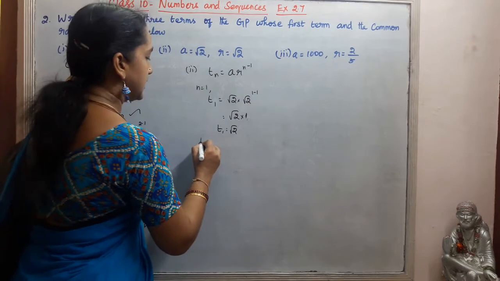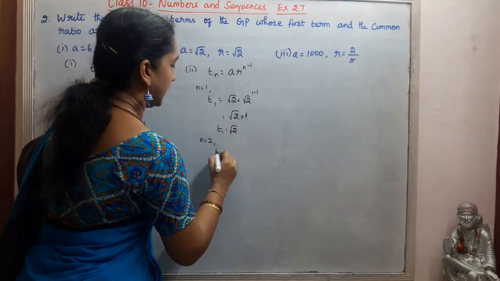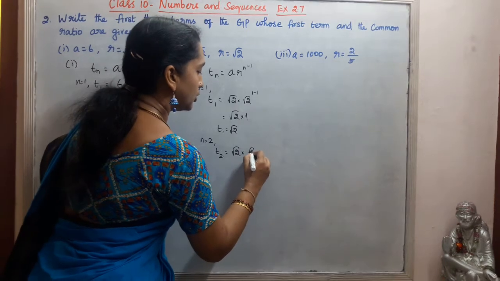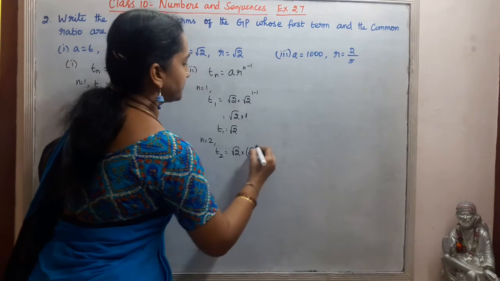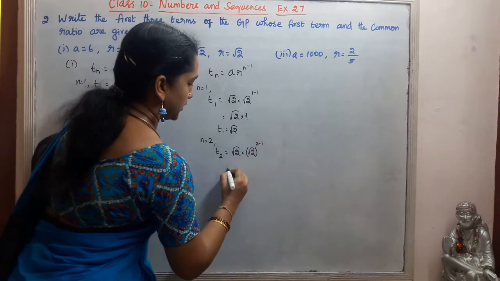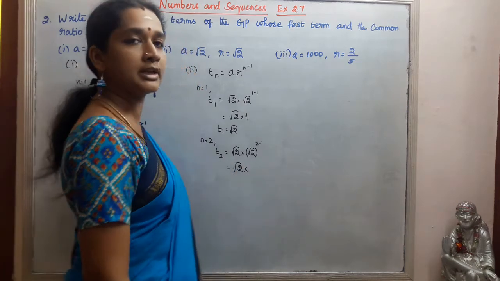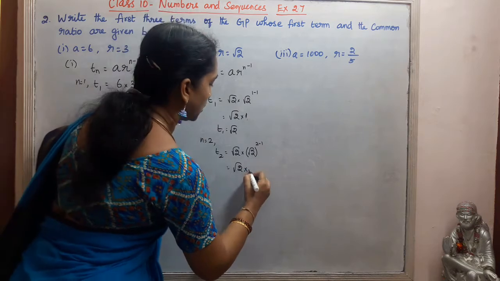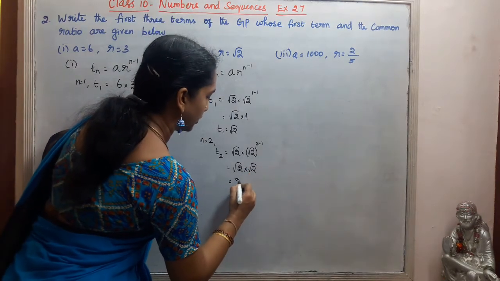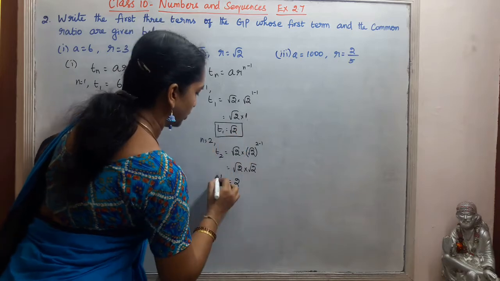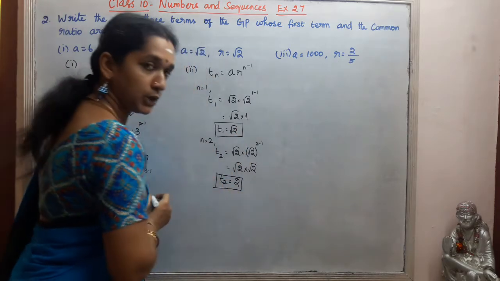Okay, then n is equal to 2. So T2 is equal to root 2 into root 2 the whole power 2 minus 1. So that is root 2 into root 2 power 1. So we will get root 2 into root 2, that is equal to 2. So that is T2. So T1 is root 2, T2 is 2.